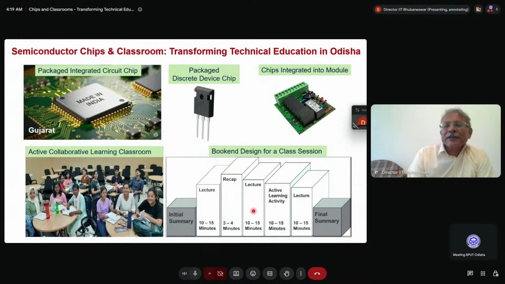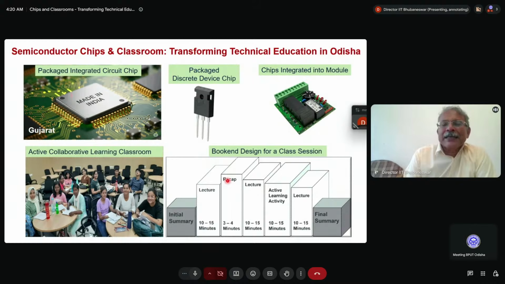After this part, you have to have an active learning activity, where the students perform an activity. And if they perform together, as in this classroom, it is called a collaborative learning activity. So they have to be given an activity. It can be solving a problem, answering a question, or discussing something together.